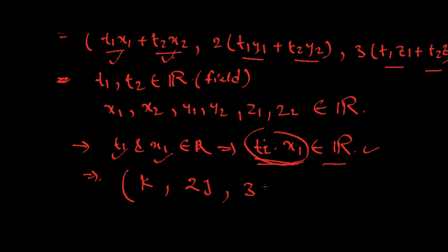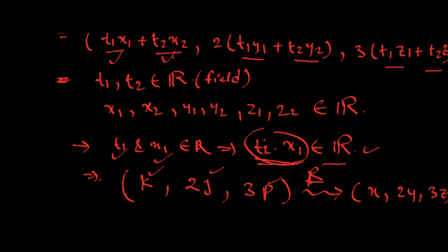Let's say that we can write it like maybe p. And this is actually a form of this, and here k, j, p are all from the real numbers.